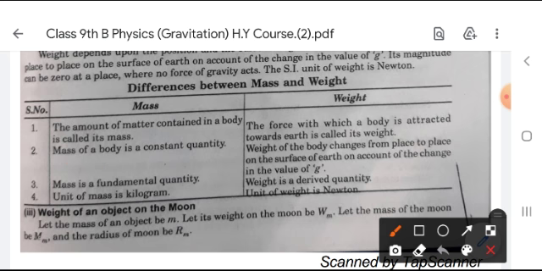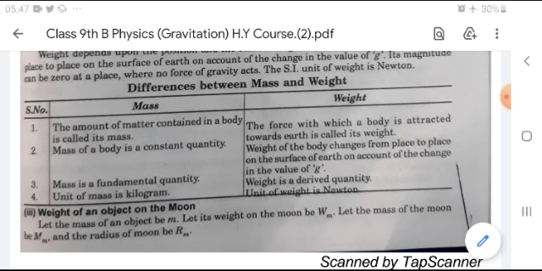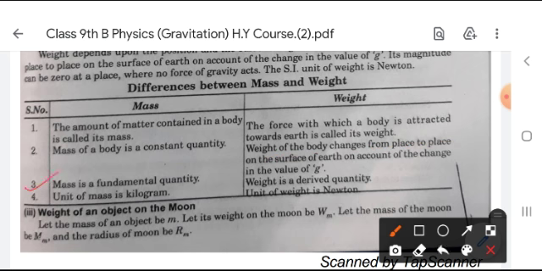However, the weight of a body changes from place to place on the surface of earth on account of change in the value of g. Third point, mass is a fundamental quantity. However, weight is a derived quantity. The unit of mass is kilogram and the unit of weight is newton. This is very important for you.